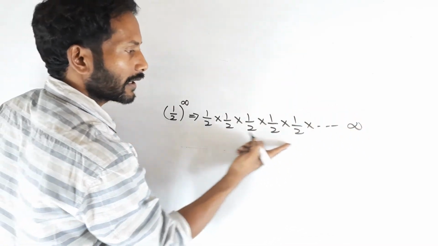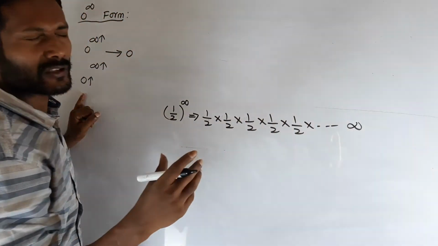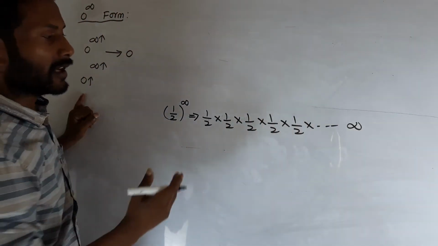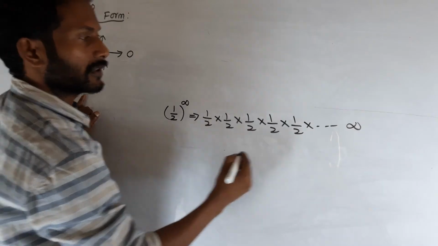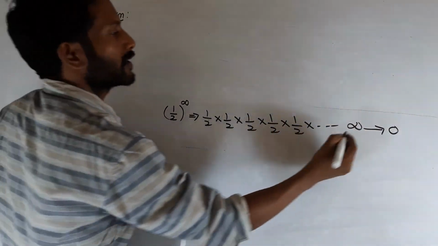Will the value increase or decrease? The value will decrease, 0.0 something. This one approaches 0. I hope this is clear.